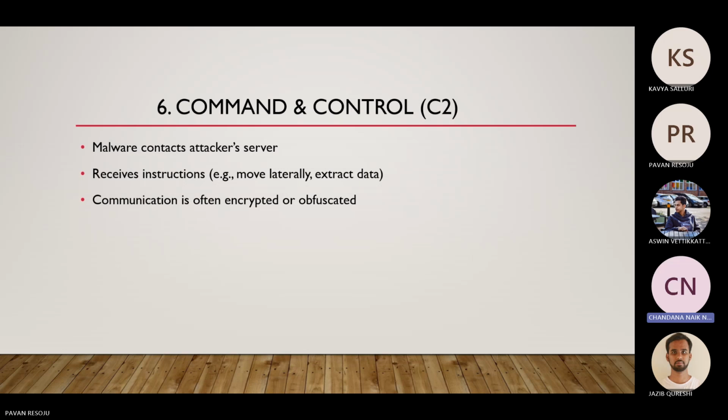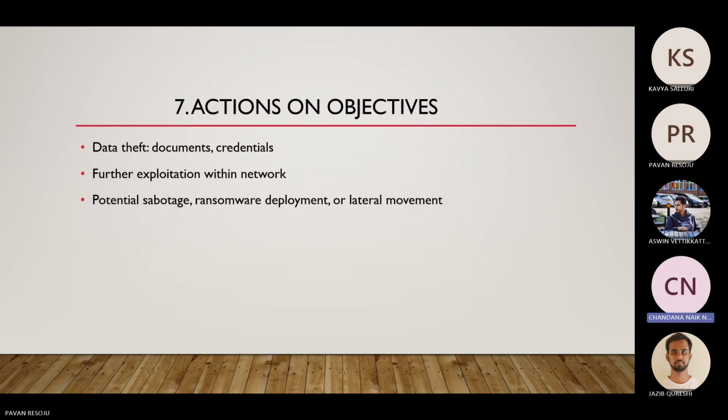Step 7, actions on objectives. With control established, the attacker begins executing their objective. This could be stealing sensitive documents, harvesting credentials, or even spreading laterally within the network. In some cases, this leads to further attacks like ransomware or data exfiltration.